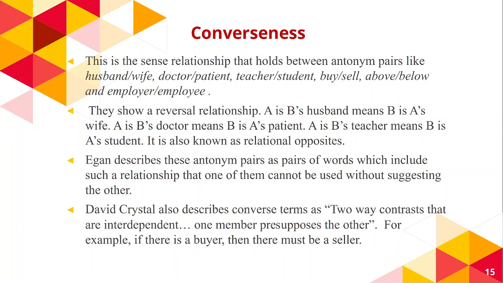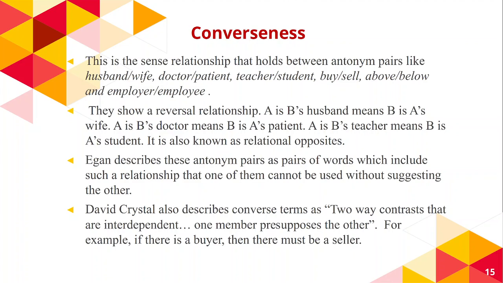However, Egdon described these antonym pairs as including such a relationship that one of them cannot be used without suggesting the other. Similarly, David Crystal says, I quote, two-way contrasts that are interdependent.